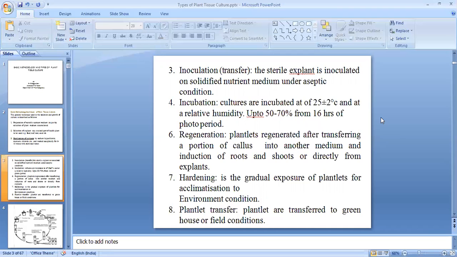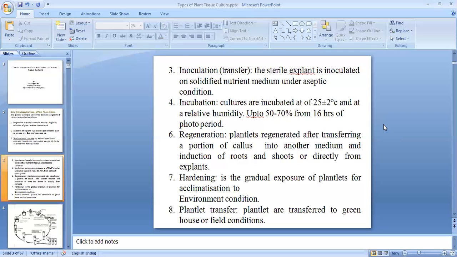The plantlets are regenerated after transferring a portion of callus into another medium, and induction of roots and shoots, or directly from the explants. And next, the hardening. It is the gradual exposure of the plantlets to get accustomed to the environmental conditions. And once the plantlets get hardened, they have to be transferred to the greenhouse and further to the field conditions.